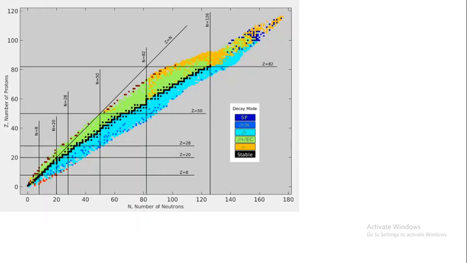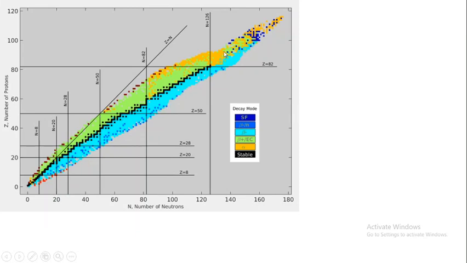But this is not restricted to one, as there are many elements which show more than one stable nuclide in nature. If we see the atomic number, lower atomic number elements have one or only two such stable nuclei. But if we go to the middle of the periodic table, where the atomic number is around 15, there are more than 1, 2, 3, 4, 5 such nuclides which are stable in nature.